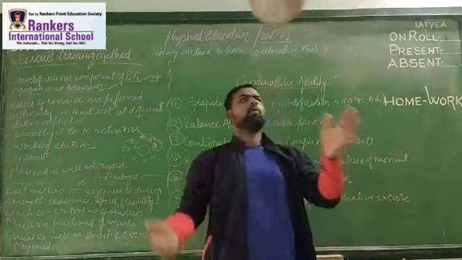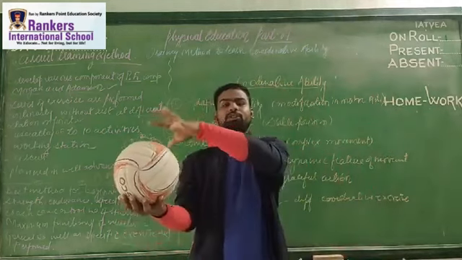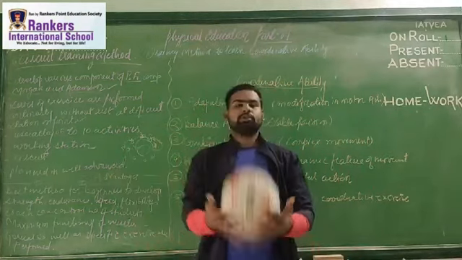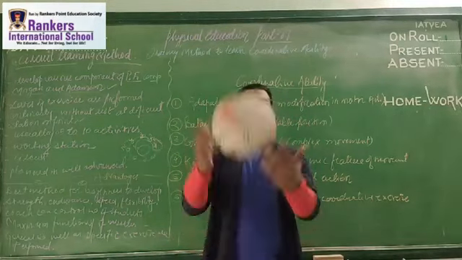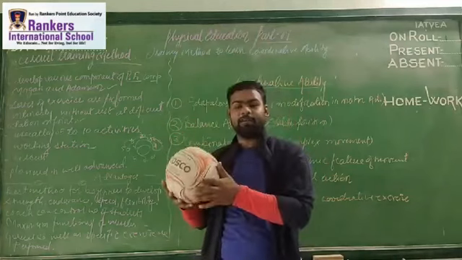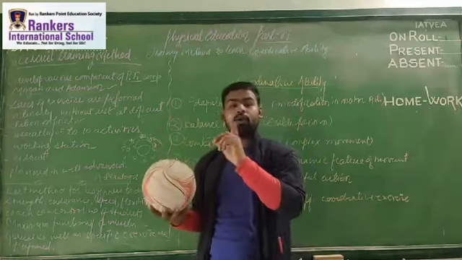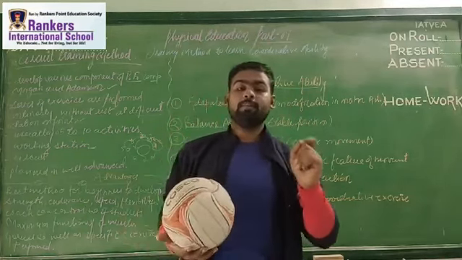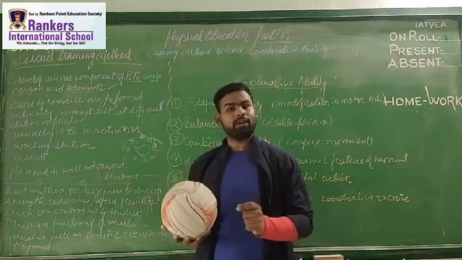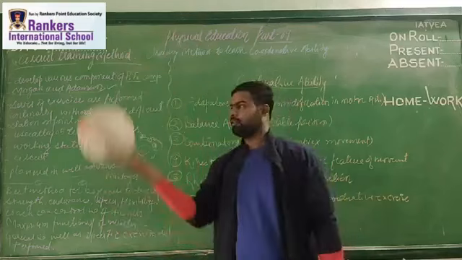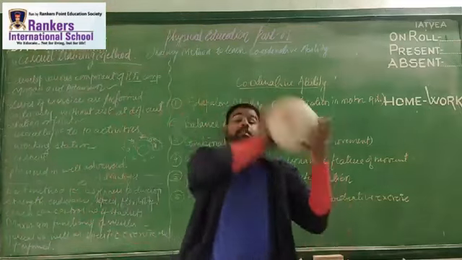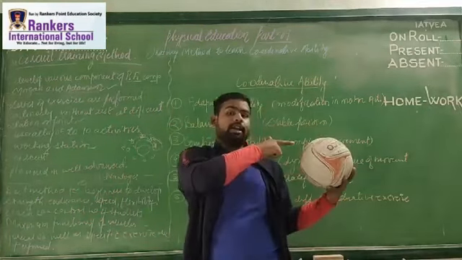Once I throw, I make a modification in my motor activity. See, I'm moving it here, and suddenly it comes at my face, right? So I modify my motor activity. Let's say I'm moving it like this, and suddenly it comes here.